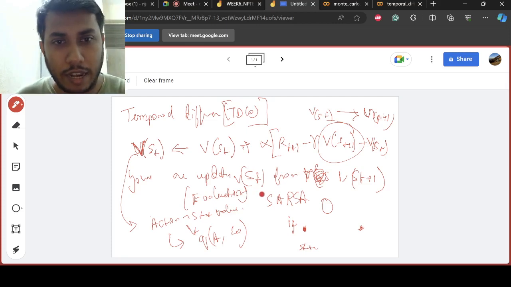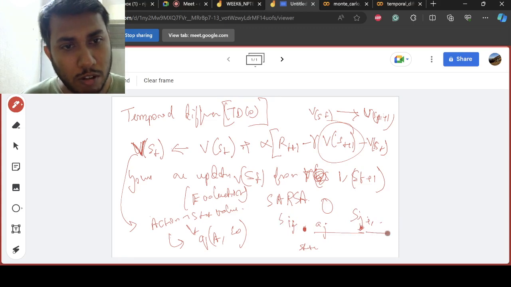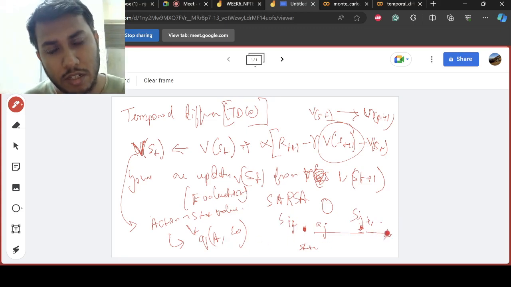This is your ith state, and then you go to the jth state. You go from state sj to s of j plus 1, right? For this you have to take another action, nothing more.